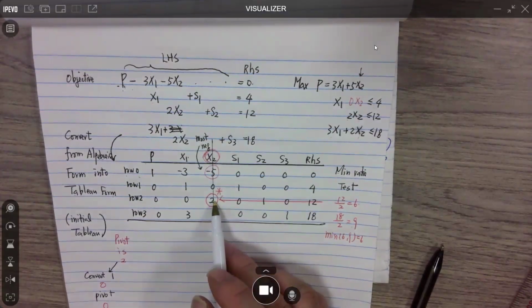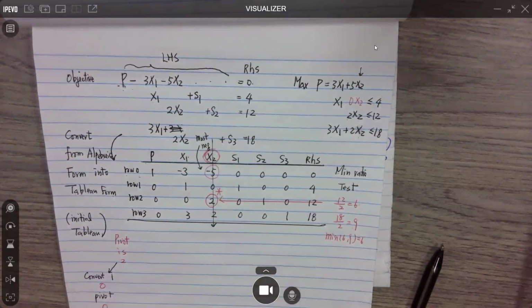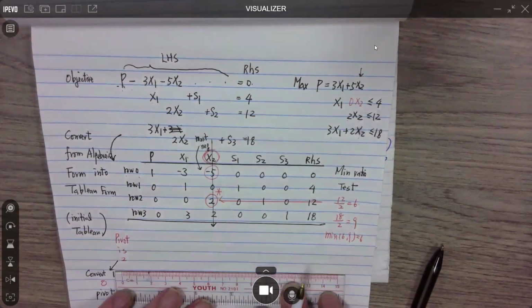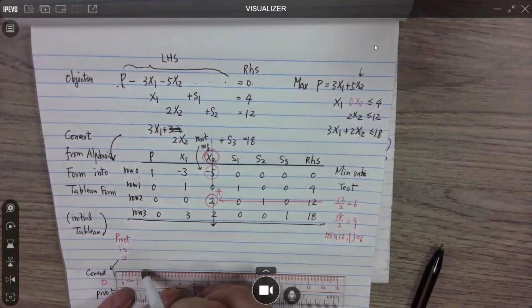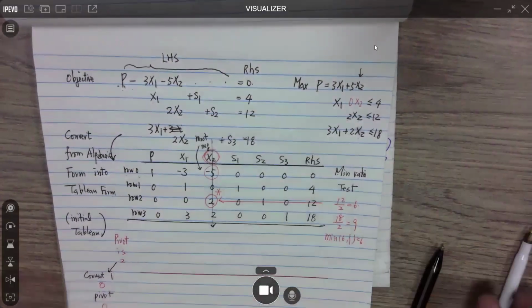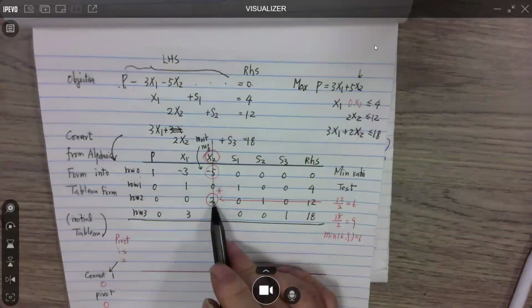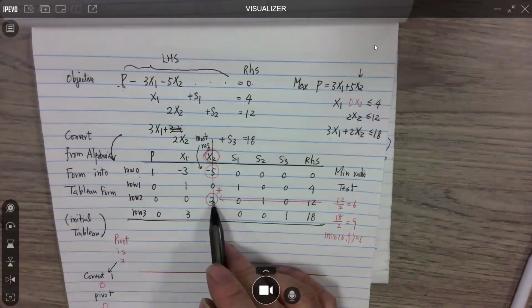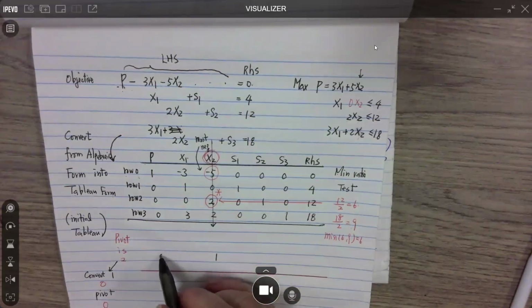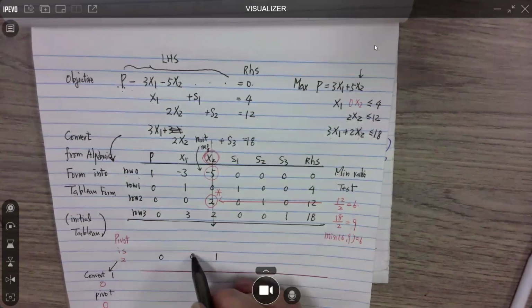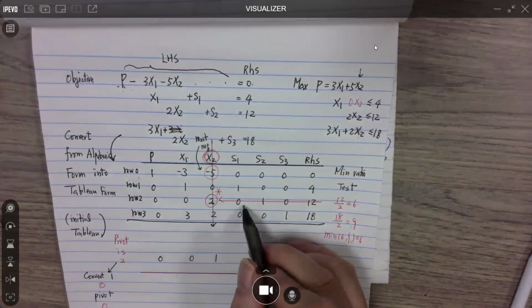So let's apply it to this entry. This is the pivot. So we want to convert the pivot to 1. But how can I convert 2 to 1? Because I divide by 2, everybody. So this one is going to be 0, 0, 2 divided by 2 is 1. This is 0.